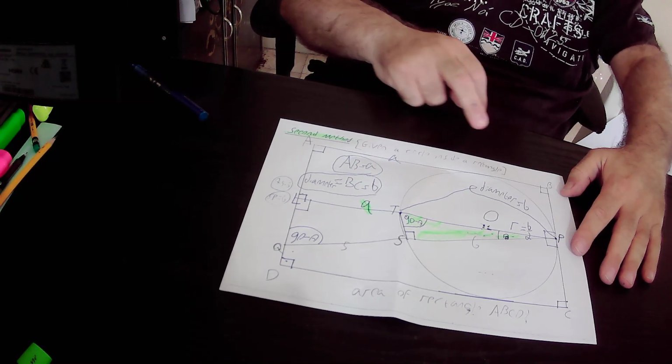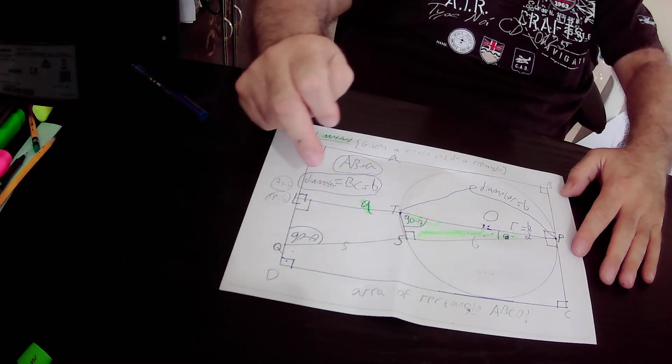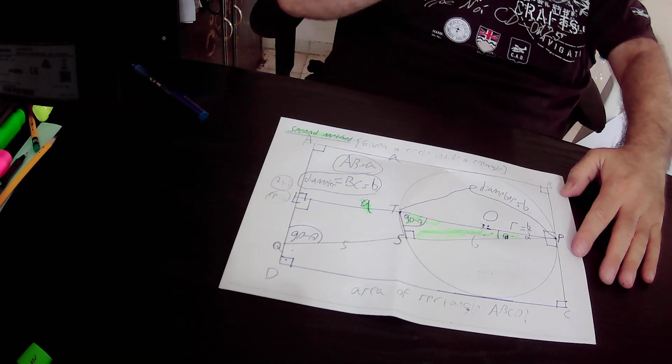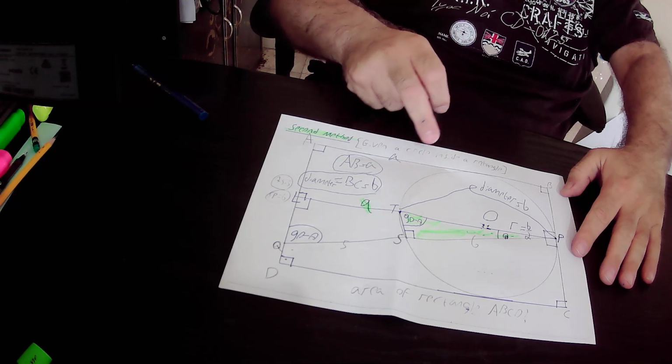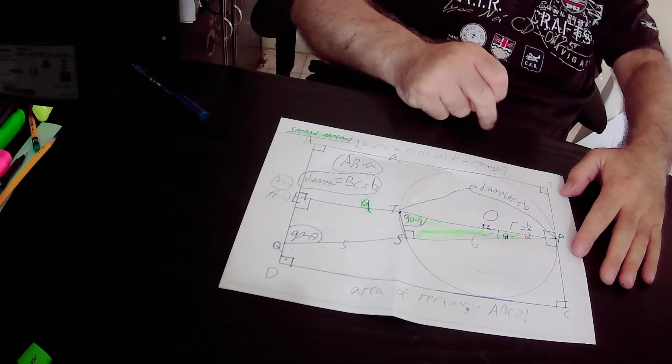Likewise, in quadrilateral LPDC, we have 1, 2, 3 right angles, therefore the fourth angle must also be equal to 90 degrees. Then we join points T and S together by a straight line. In this way, we created peripheral angle TSP.